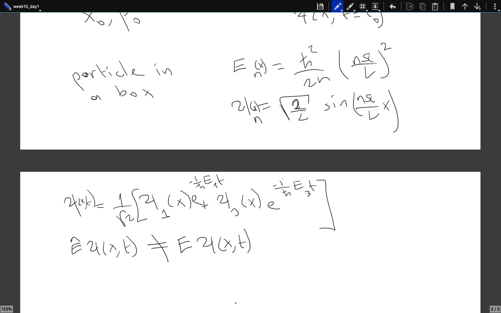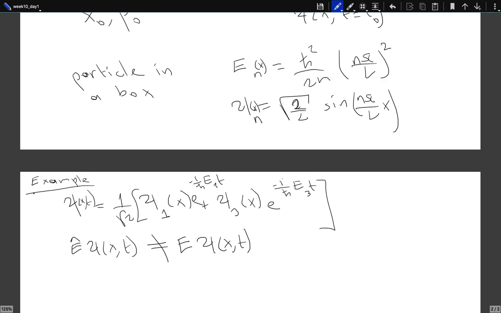Why did we specifically choose the indices 1 and 3? Why did we choose 1 and 3 specifically? This one. Yes, for E1 and E3. Because it's just an example. So it can be like 1 and 3. Sure. Depends on how you prepare your system. That is your initial condition.